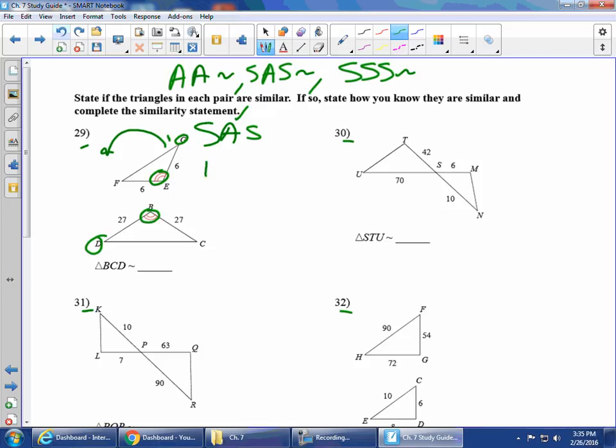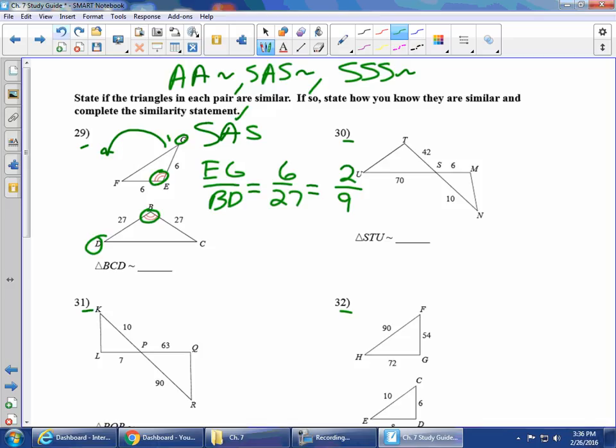So you're going to do EG over BD, put in your numbers, reduce, and that means what number gets divided evenly into the top and the bottom. It's going to be 3, so you're going to get 2 over 9.